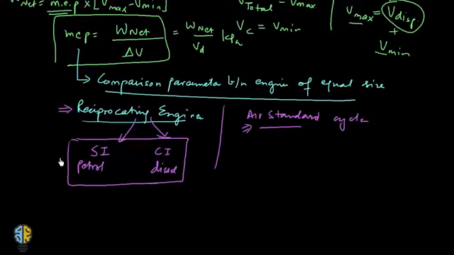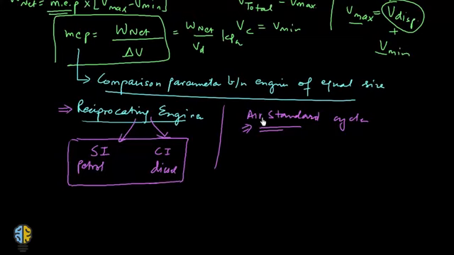Alright, and to analyze it, we make use of the air standard cycles, wherein we take a certain mass of air and we make it complete a thermodynamic cycle, and all the processes are reversible. Alright, now air is assumed to behave as an ideal gas, and its specific heats are assumed to be constant.